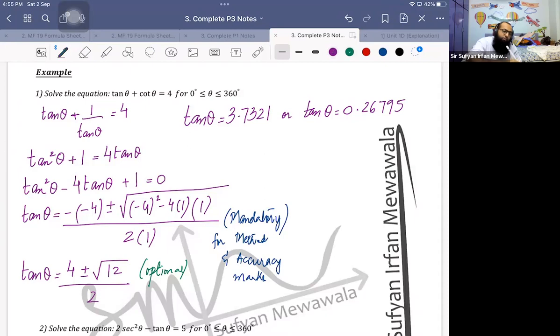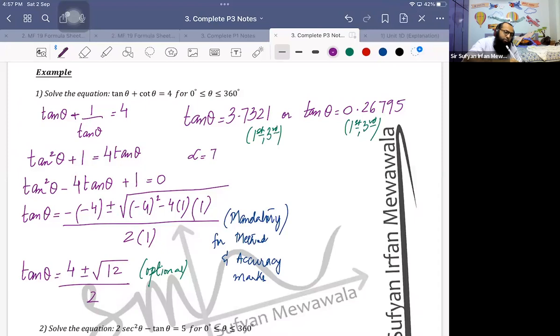Tan of an angle is positive in the first and third quadrants. Then you find the basic angle alpha. If you are going to find the basic angle alpha, then take tan inverse of 3.7321. Now you're working in degrees because the domain is in degrees.